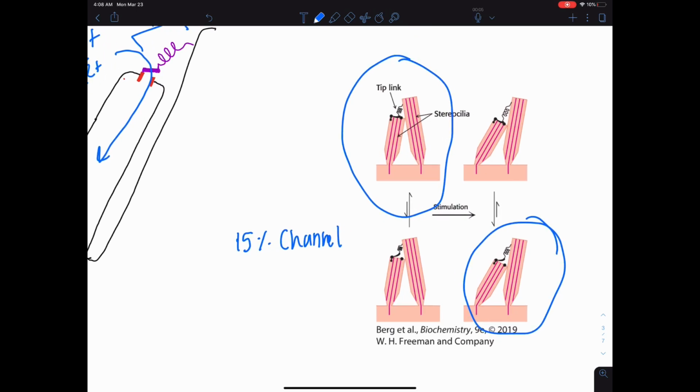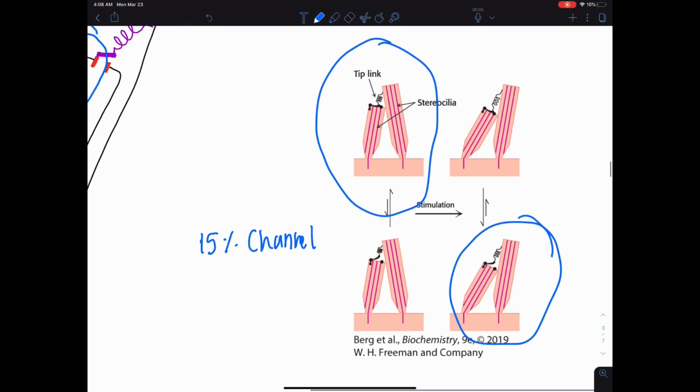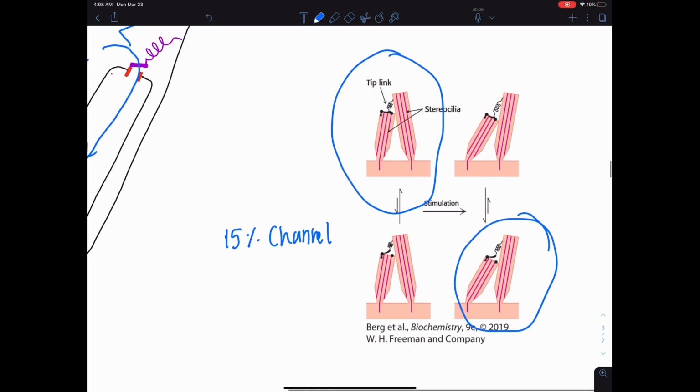The point is that most of the time, if they're bent in this direction, because there is more tension in this spring, the channel is going to be open, though in some cases it is going to be closed.